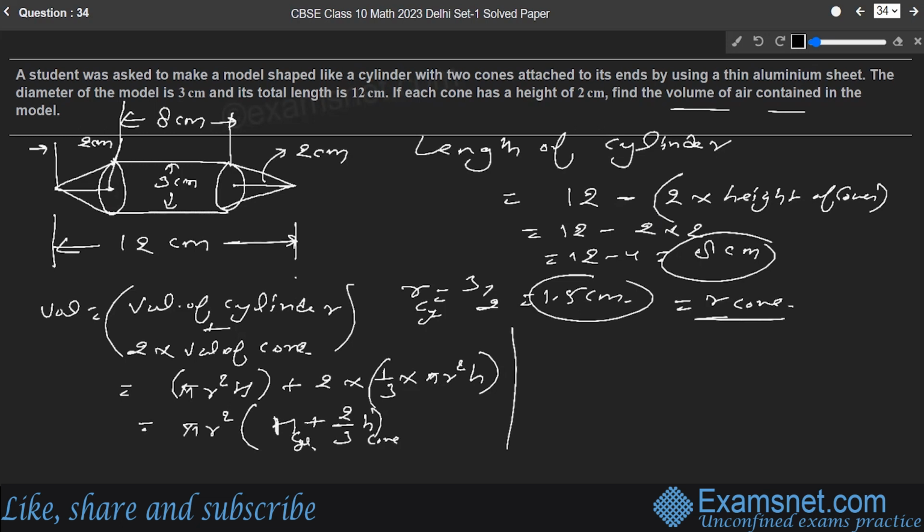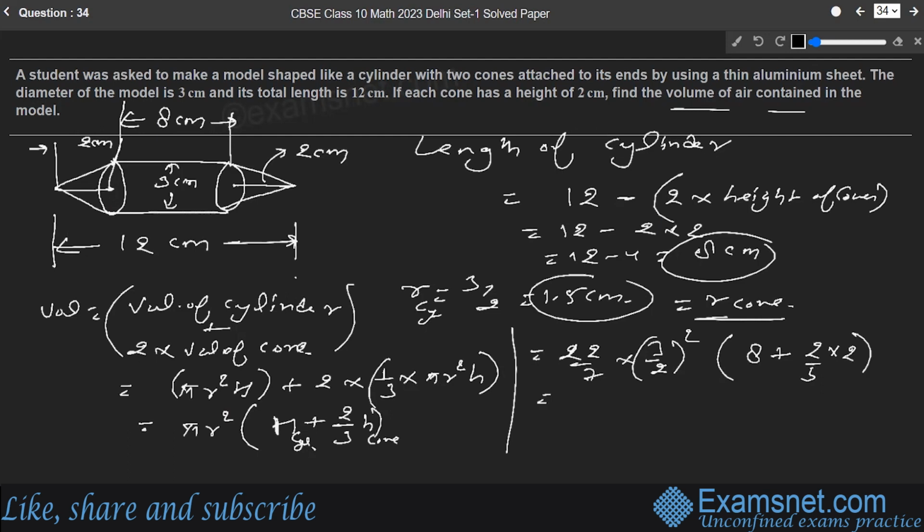Let us put the values now. We get 22 by 7 for pi, into r, which is 3 by 2 or 1.5, squared. Then inside the bracket, the height of the cylinder, that was 8, plus 2 by 3 times h, where the height of the cone was 2 centimeters.